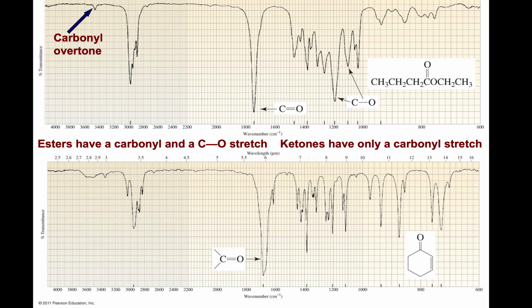But you never run a compound unless it's been dried with calcium sulfate anhydrous or magnesium sulfate anhydrous, because the water will show up because it has OH bonds, but the water will dissolve those plates, the sodium chloride or potassium bromide. So you always have to have a compound free of water.